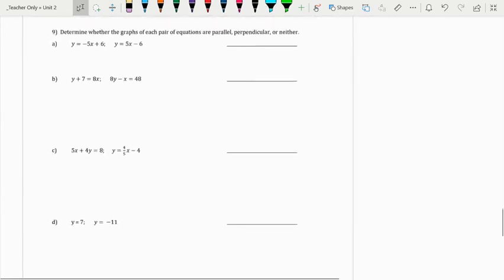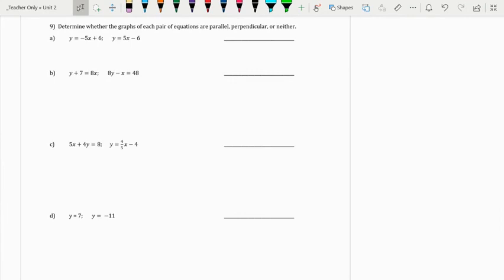So these last couple questions, I'm going to do like 2 of them, and then you can check your answers for other ones. I'll have them all posted. But they just want you to determine whether they are parallel, perpendicular, or neither. Okay, so for letter A, it's already solved for it, right? So I know that the slope of this line is -5, and I know the slope of this line is 5.